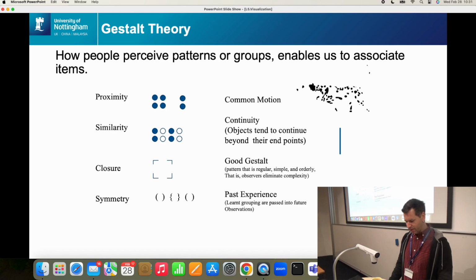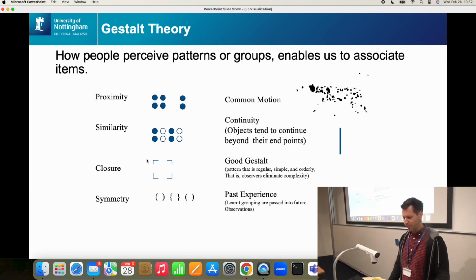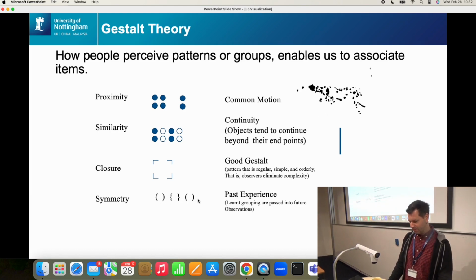Similarity is another thing we use for association, to perceive patterns in groups. Closure is another property we use for groups, detecting groups or looking for patterns. Symmetry is another property our vision system uses.